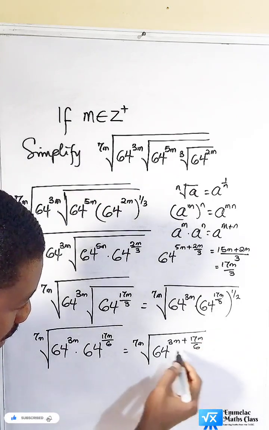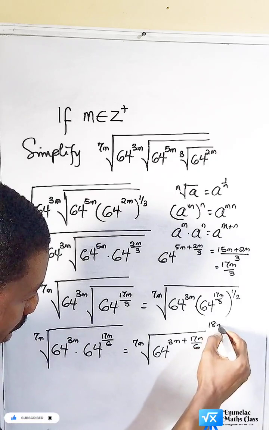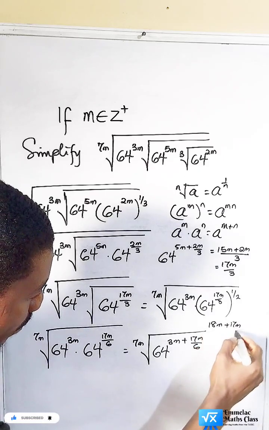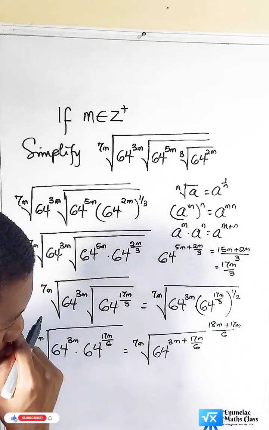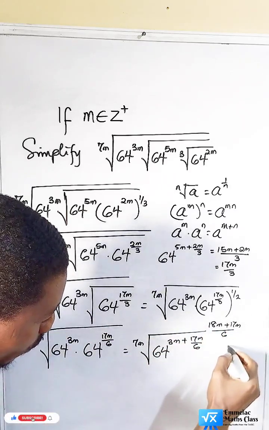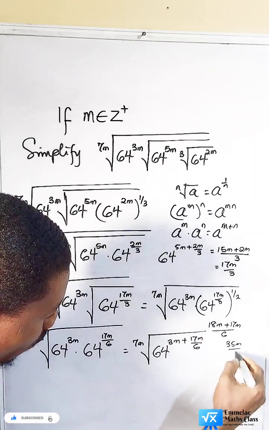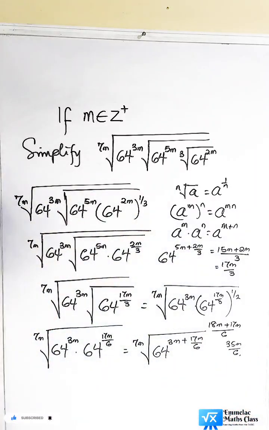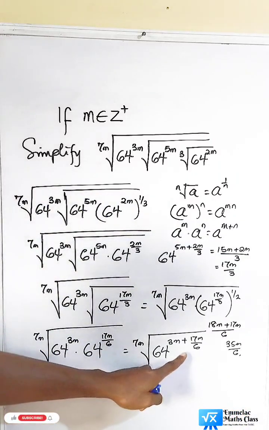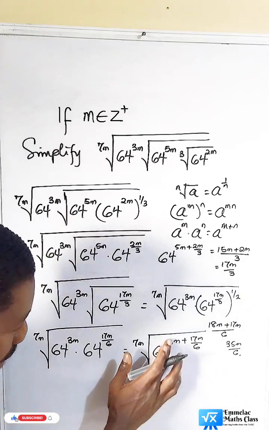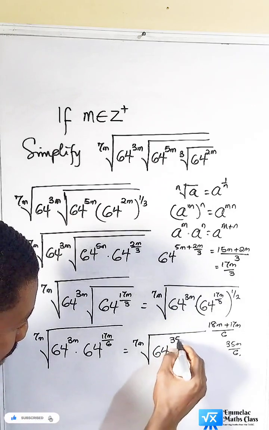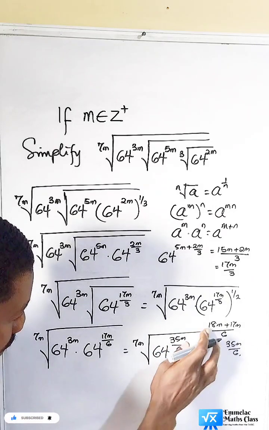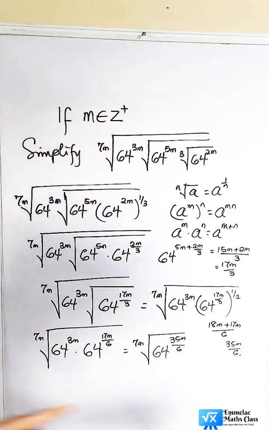This will be 18, 6 times 3m, we have 18m, then plus 17m all over 6, which gives us 18m plus 17m should give us 35. So here you have 35m all over 6. Okay, now to that end, for the sake of space, let me just clean this and replace it with 35m all over 6.